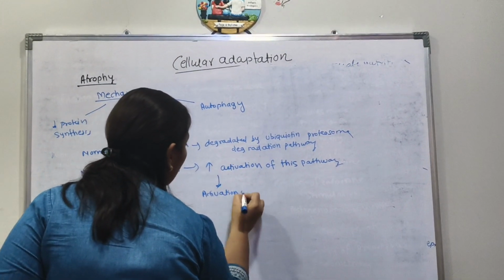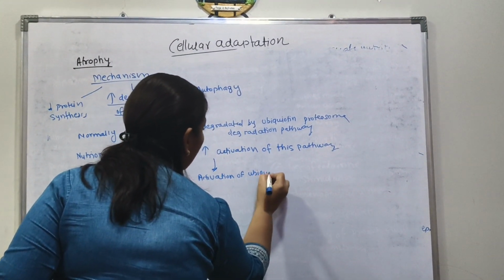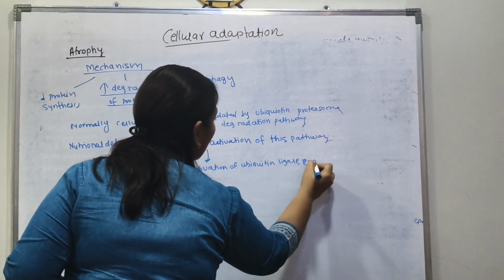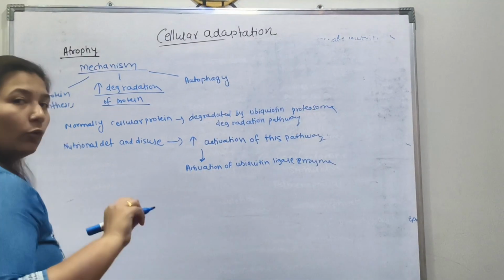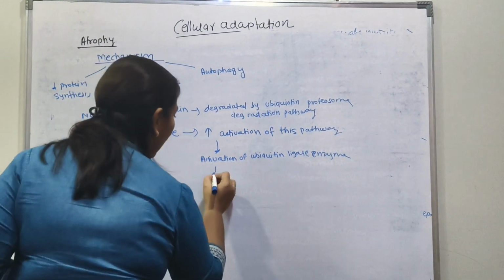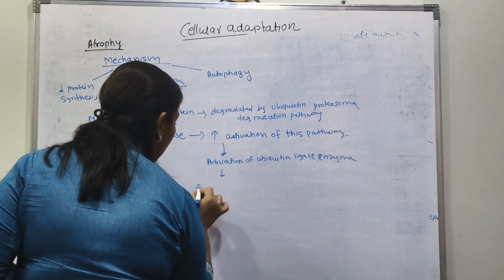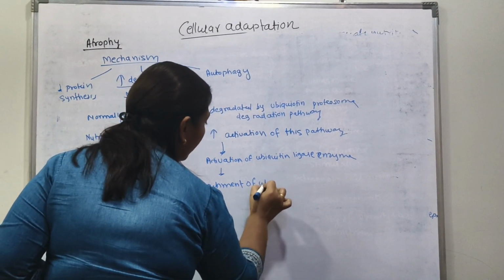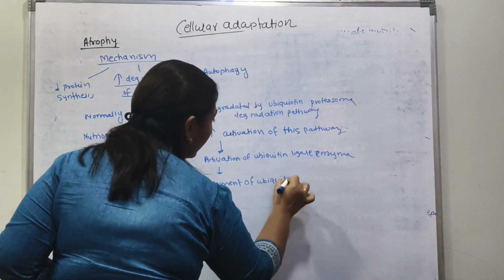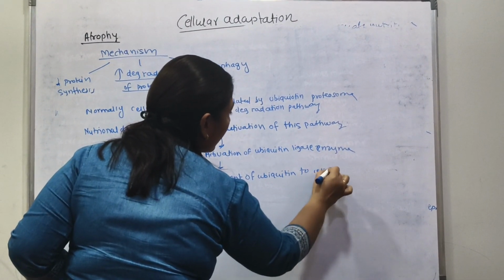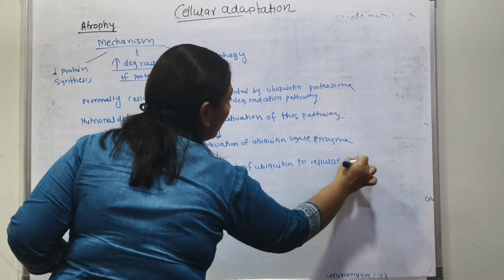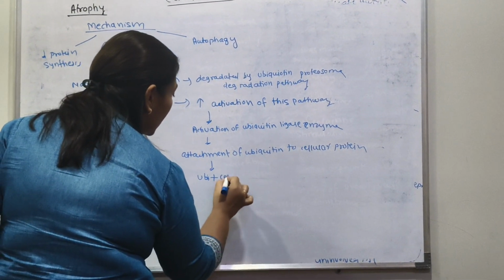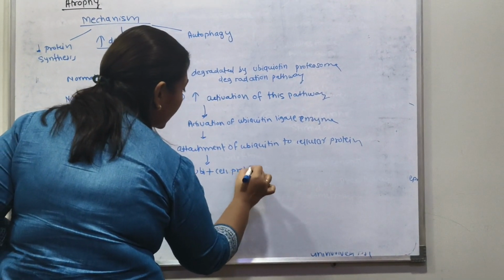That leads to activation of the ubiquitin ligase enzyme. What is the function of the ubiquitin ligase enzyme? That enzyme causes attachment of ubiquitin to cellular protein, leading to formation of the ubiquitin plus cellular protein complex.